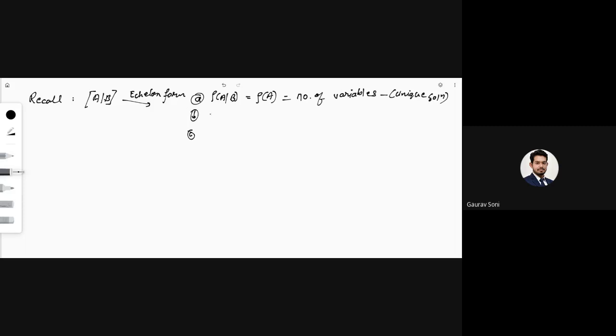If the rank of the augmented matrix is equal to the rank of A and it is less than the number of variables, then it has infinitely many solutions. And the third case, if the rank of the augmented matrix is not equal to the rank of A, then the system has no solution.